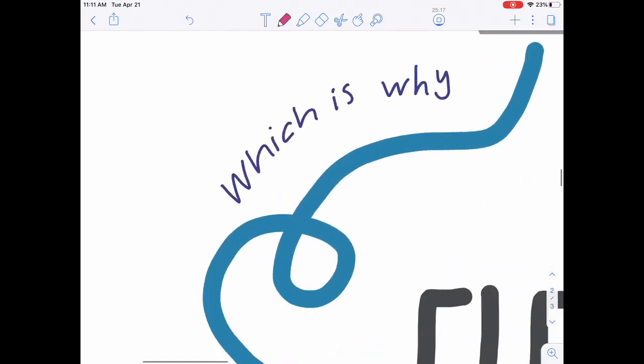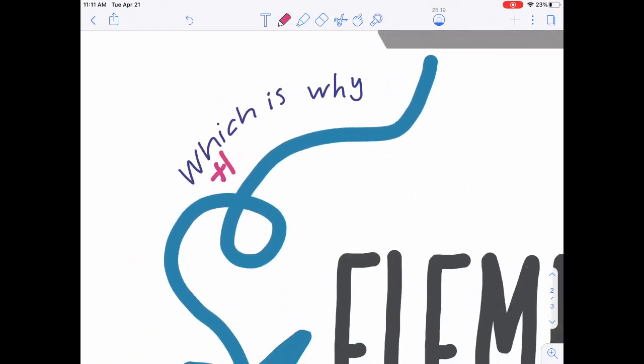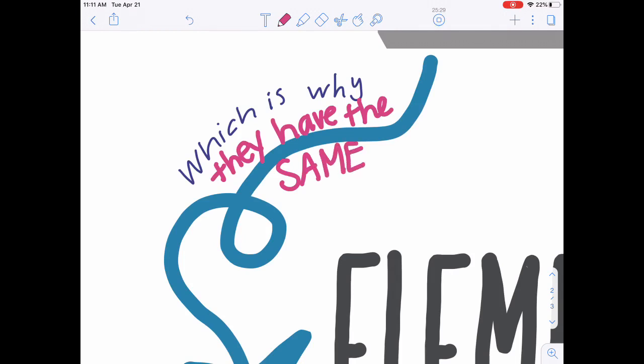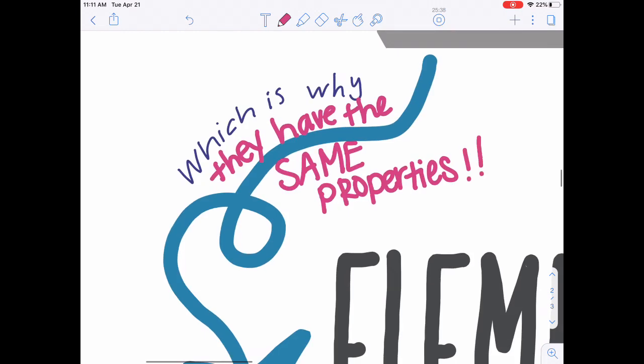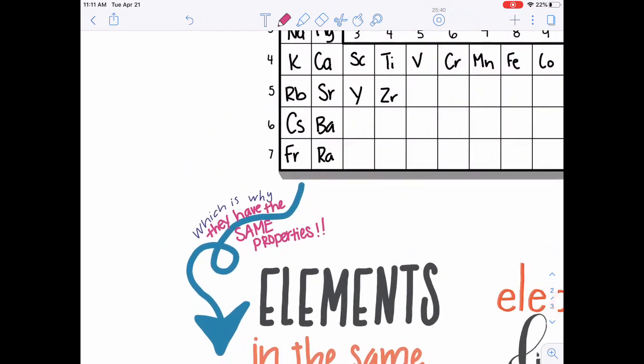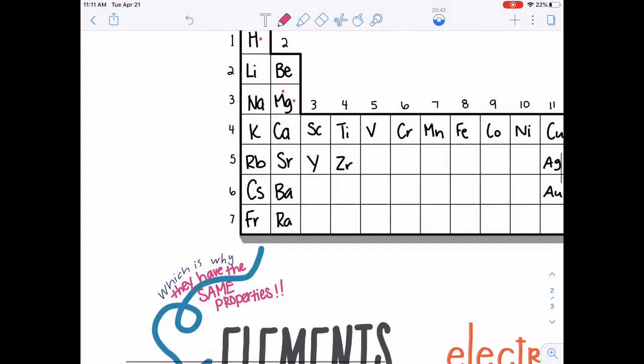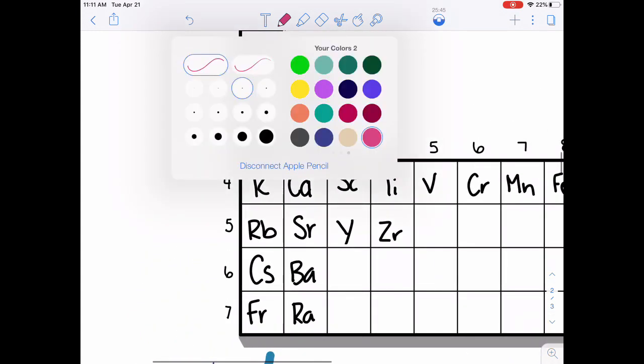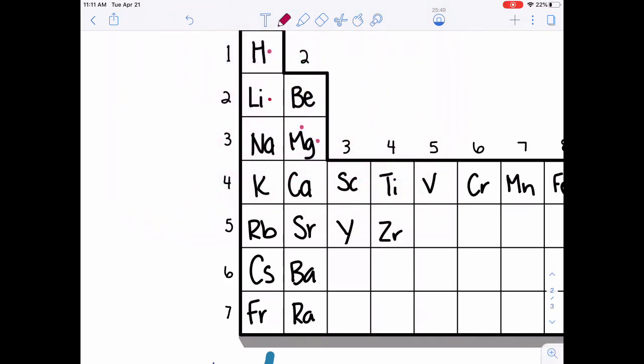This is what I was writing up here, which is why they have the same properties. But again, the periodic table can be very helpful because if we know how many valence electrons one thing has, we know what they all have.